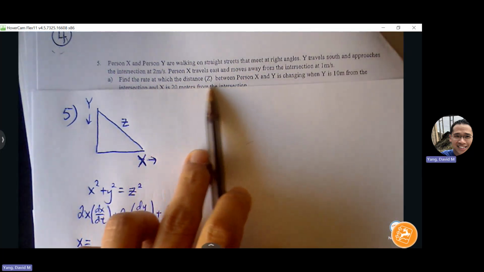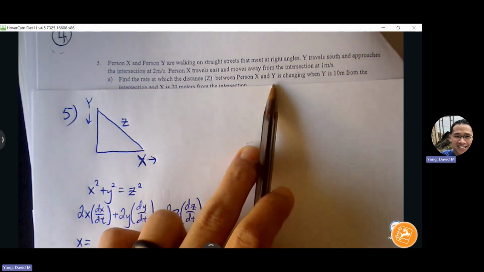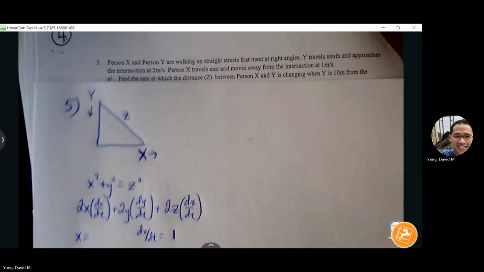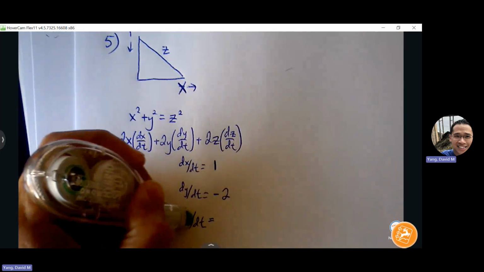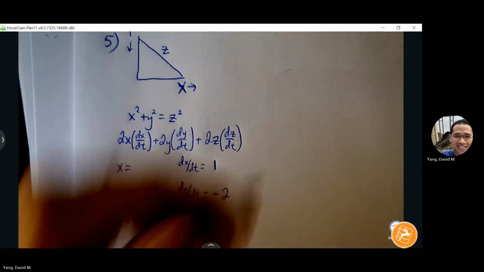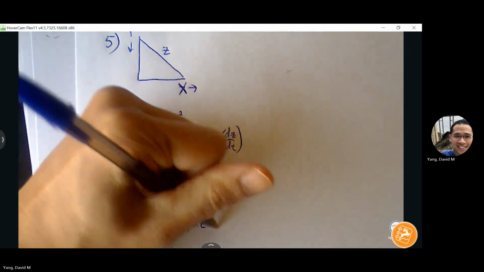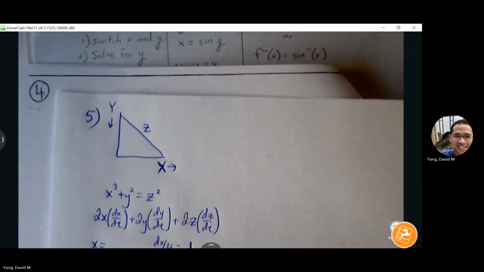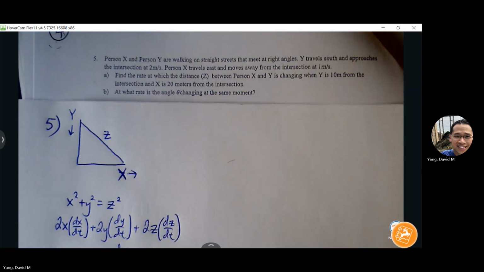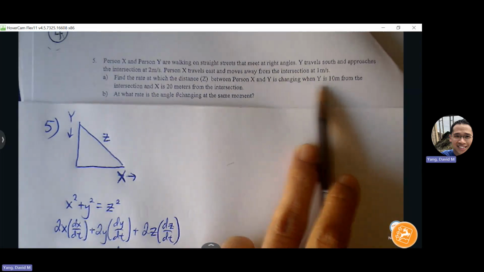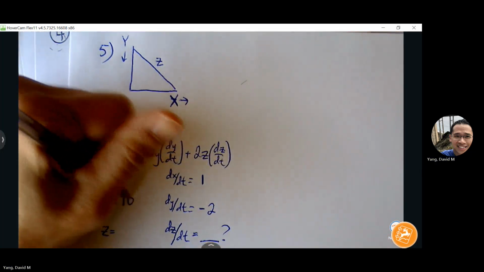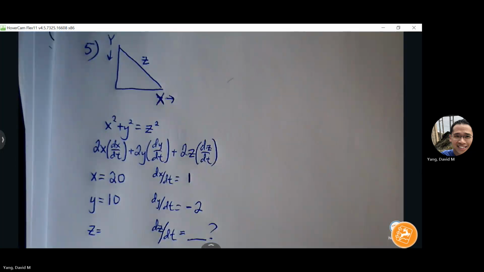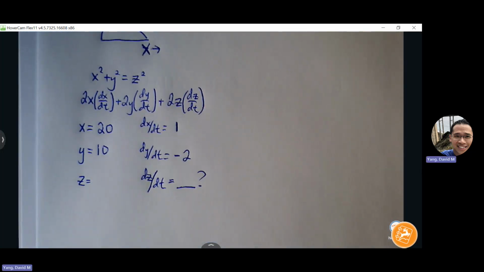Okay, find the rate at which the distance z between person X and person Y is changing. What are we looking for? Sorry, I said dy/dt here, it's dz/dt. Yeah, that's the unknown. When y is 10 meters and x is 20 meters. Okay, how can we find z?